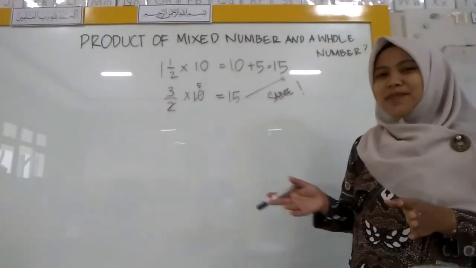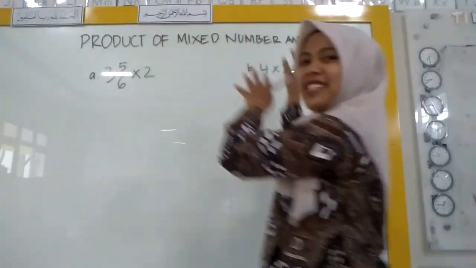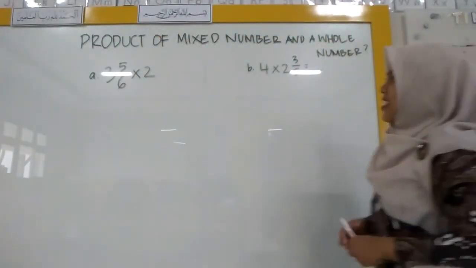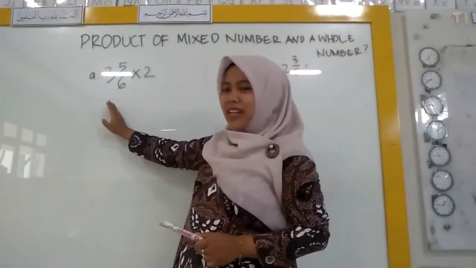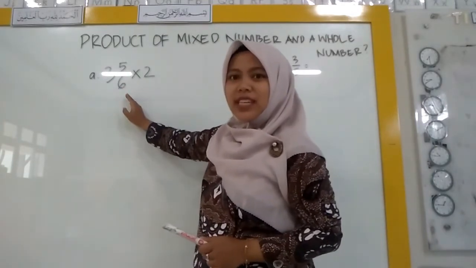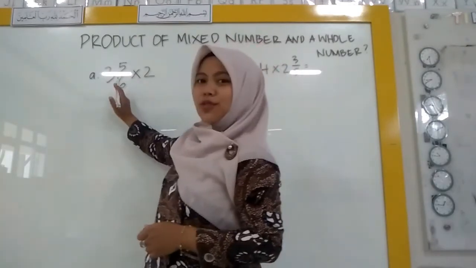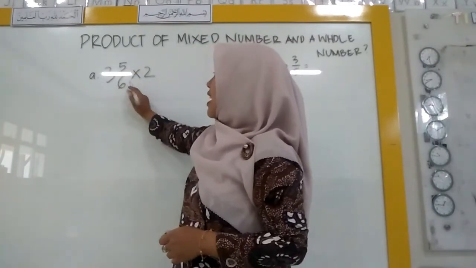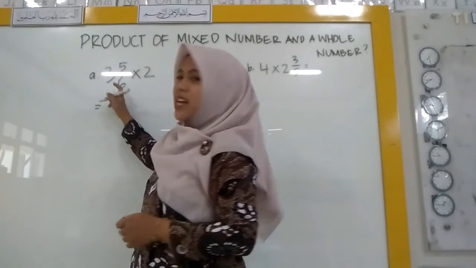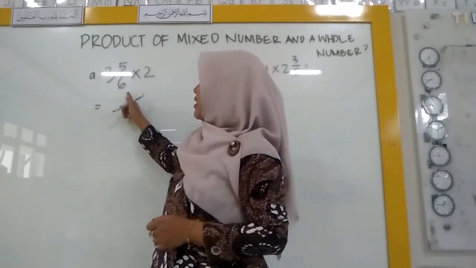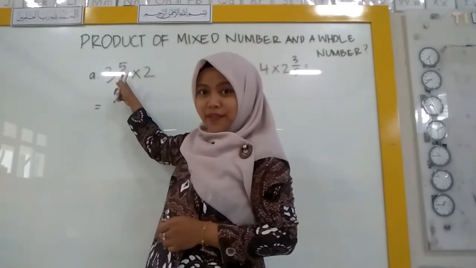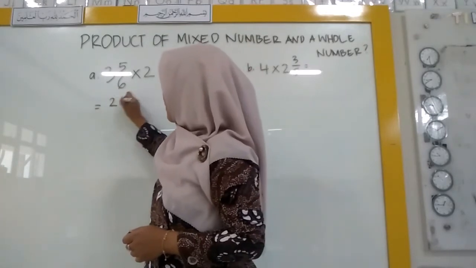Again, practice makes perfect. Okay, here is the example. It's only 2. So now let's multiply 3 and 5 over 6 by 2. So let's change 3 and 5 over 6 into an improper fraction. Let's have 3 times 6 is 18 plus 5 is 23.